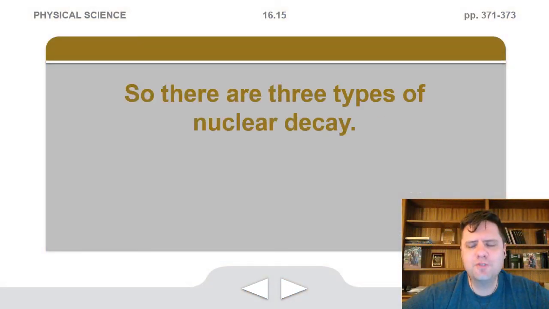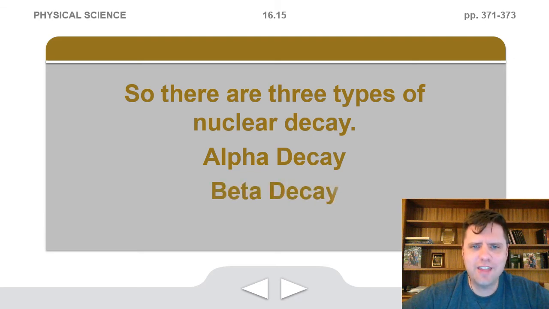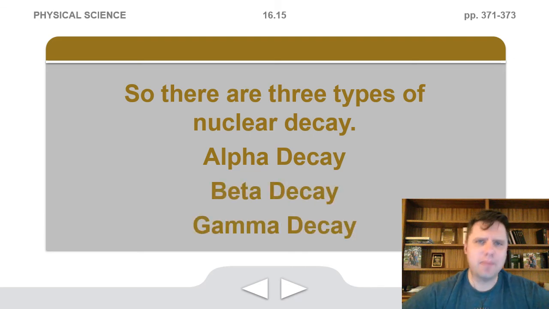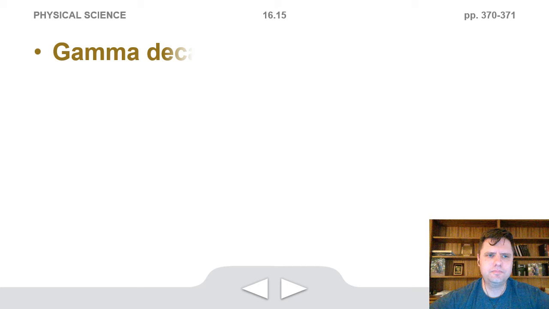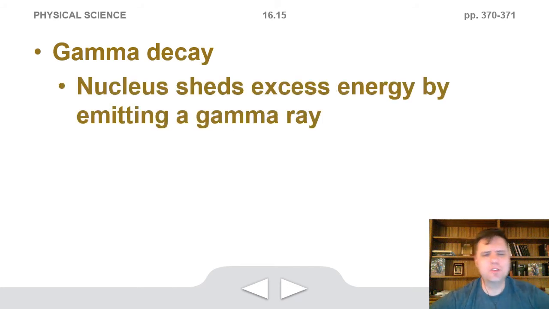So there are three types of nuclear decay: alpha decay, beta decay, and gamma decay. Gamma decay happens when the nucleus sheds excess energy by emitting a gamma ray. So we go from an excited nucleus to energy leaving the nucleus in the form of gamma radiation.